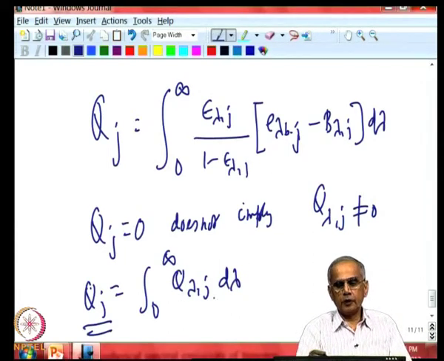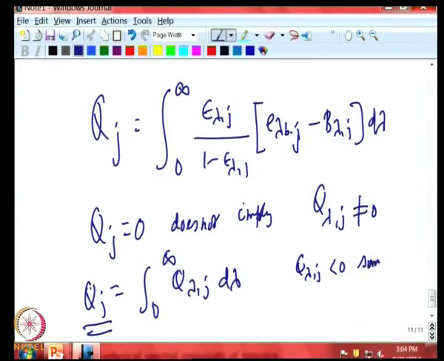The integral is 0 if q lambda j is negative for some lambda and in some other range of wavelength it is positive. So, it is possible for this integral to come to 0, because q lambda j is changing sign. And this is quite common in many examples like furnaces, that in a certain wavelength range the surface gains energy by radiation, in some other wavelength range it loses energy by radiation. So, the integral over all wavelength is 0.